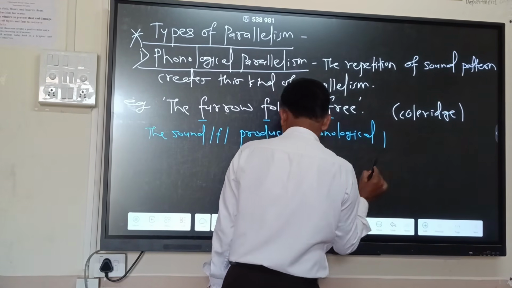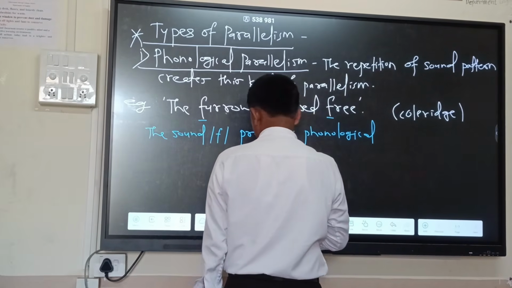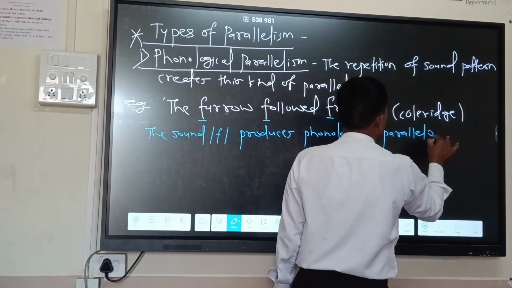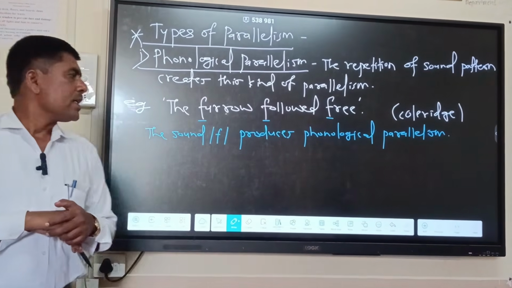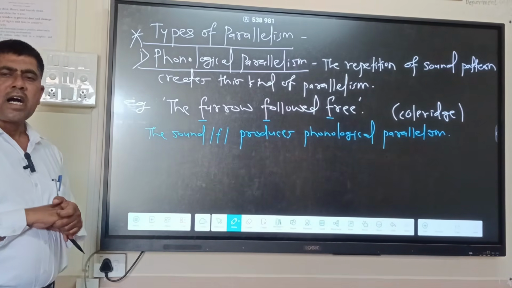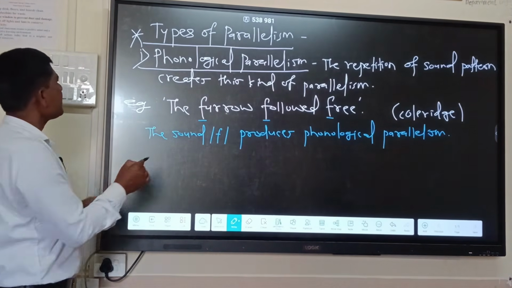Repetition of F produces phonological parallelism. Phonological parallelism includes figures of speech like alliteration, consonance, assonance and so on.